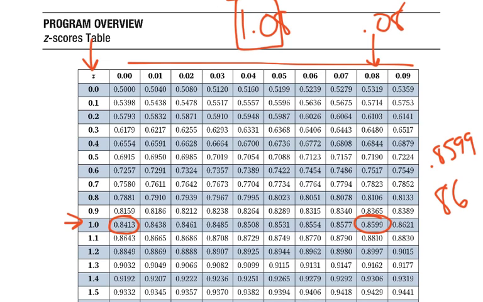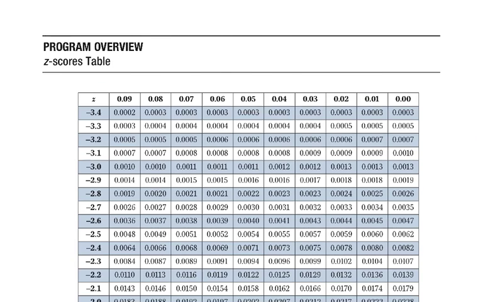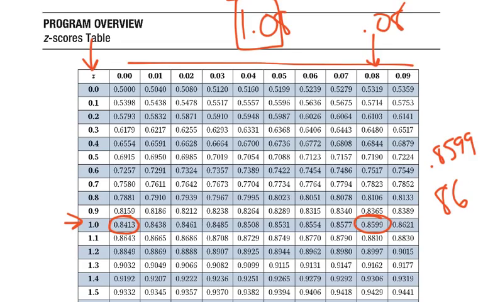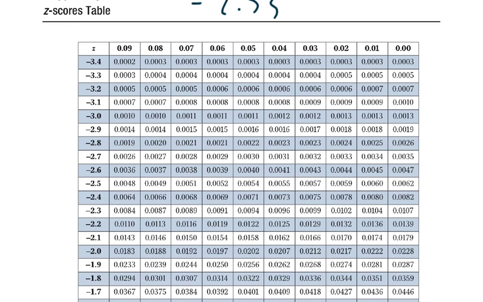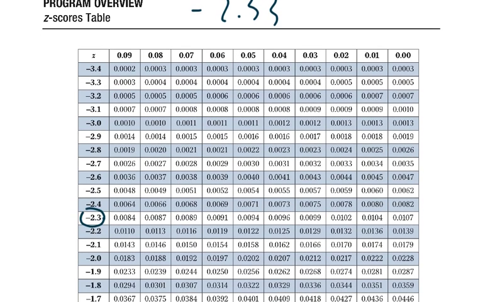So we go to our z-score table, negative 2.3 right here, and then 0.03 right here. So we end up with 0.0099, so 0.01, so 1%.